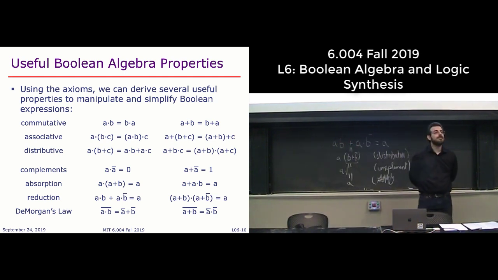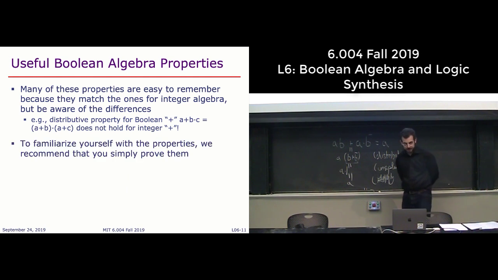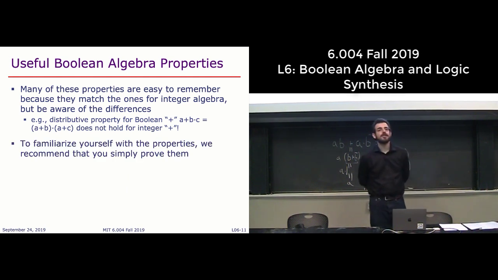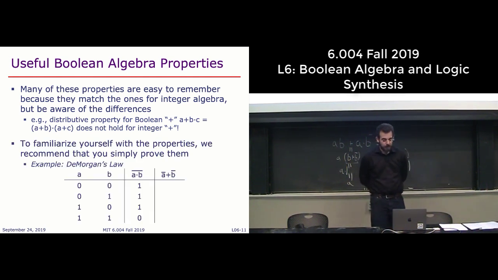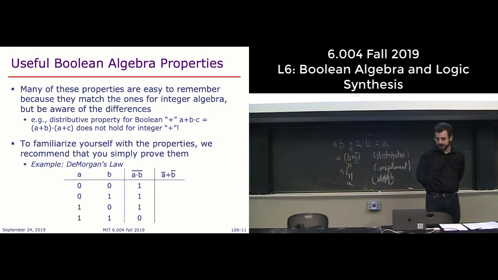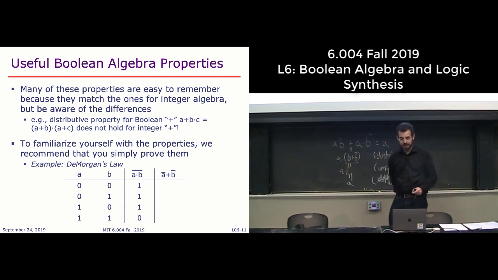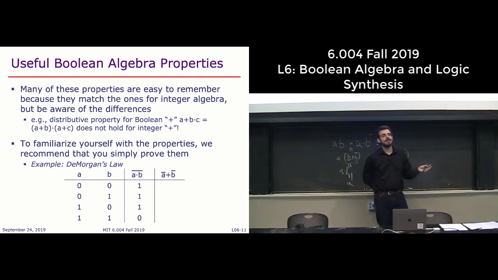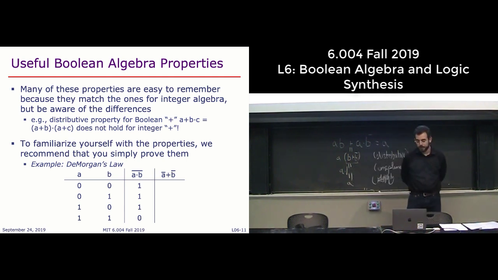But you don't need to do this with algebraic manipulation. Let's take a look at trying to prove something just by doing the truth table. One very useful equality is De Morgan's law, which basically says that not (A and B) is equal to not A or not B. Essentially, you can push the bubbles down the operation, and that flips the AND to an OR, and the OR to an AND.